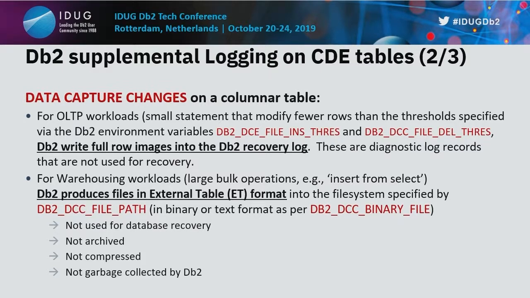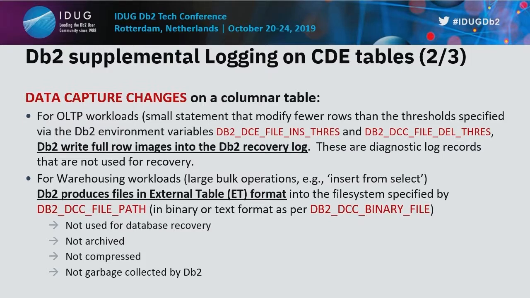The threshold is very small. If I'm inserting more than 10 rows, I will not log this way. So the threshold is 10. Now if I do insert row, commit, then this row will be logged as the full row in the recovery log as a diagnostic log record.